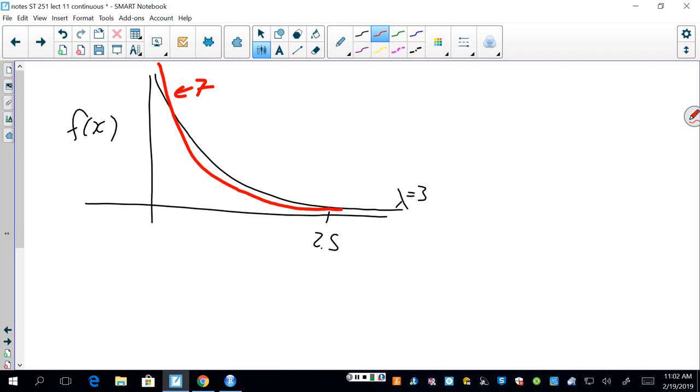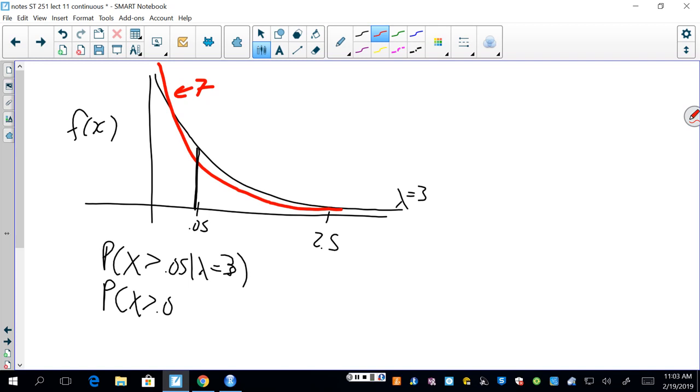So when we looked at the probabilities of 0.5, the area under the black curve, the probability that x was greater than 0.5 when lambda equals 3, versus the probability that x is greater than 0.5 when lambda is 7.